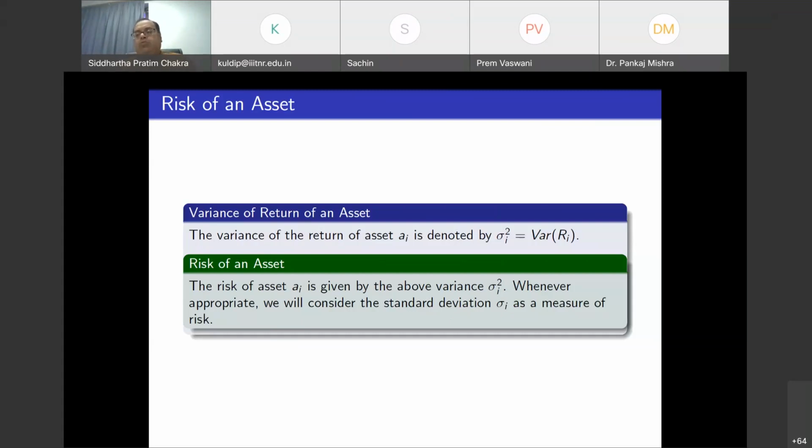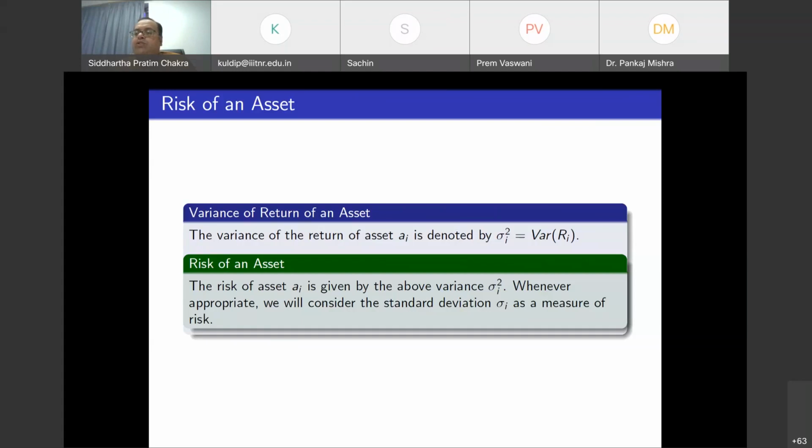Where does the risk for your investment come from? The source of risk comes from the variability in the return. Suppose you have a return for 5 years, and the return for each of those years is always 10%. That means it's a bond. So the variance is going to be 0, so there is no risk.